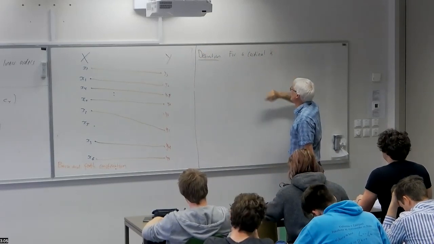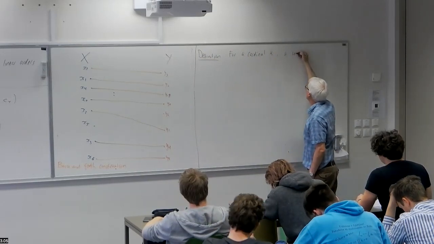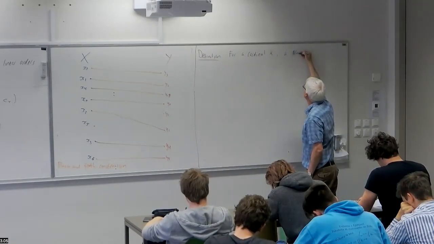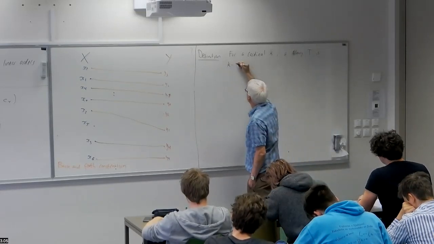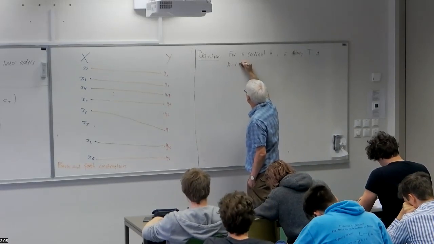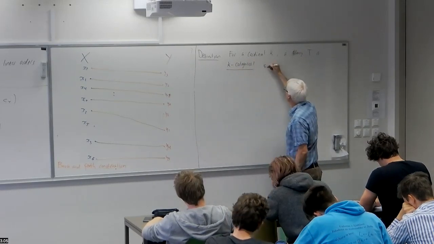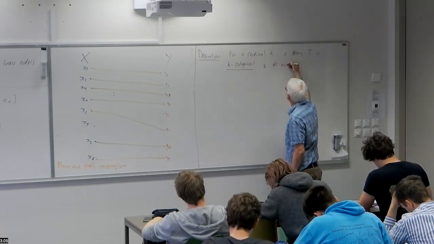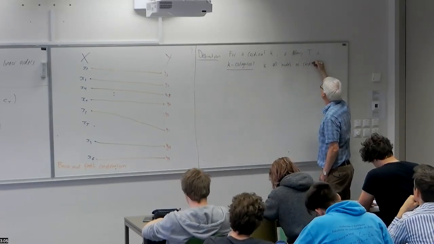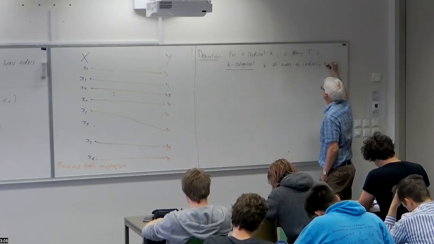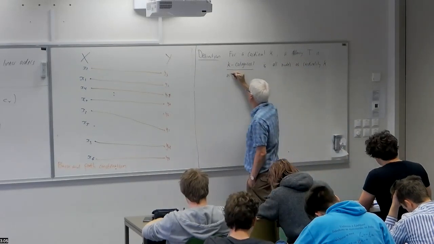But for those of you who do, a cardinal is a size of set. For a cardinal kappa, a theory T is what's called kappa categorical if all models of T with underlying set of cardinality kappa are isomorphic.